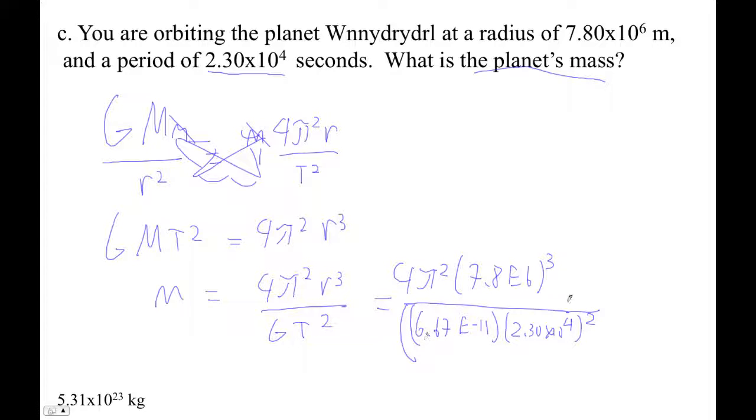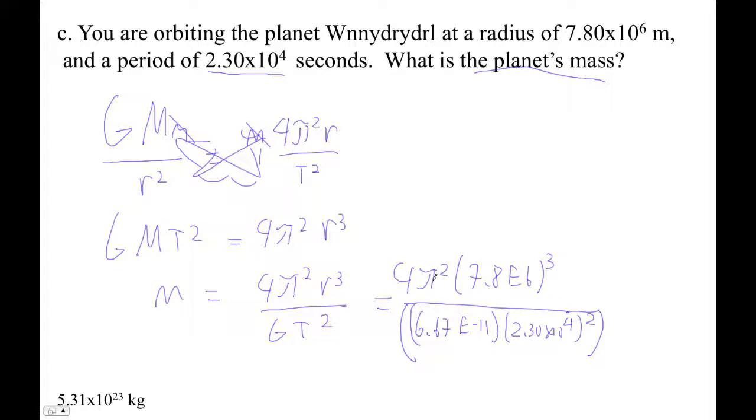Remember that the denominator needs to be in parentheses, or you can use alpha F1 if you have the new TI-84 with the new OS. You can actually do this fraction. I'm going to go 4 times pi squared, don't forget to square pi, times 7.8 E6 raised to the third.